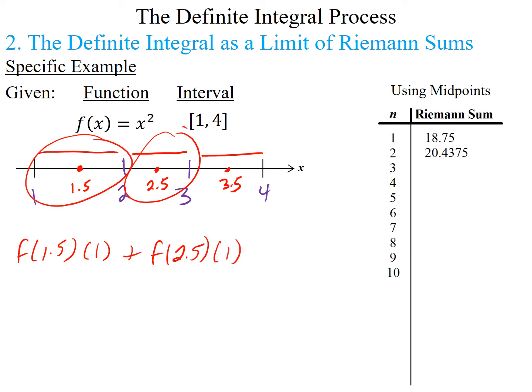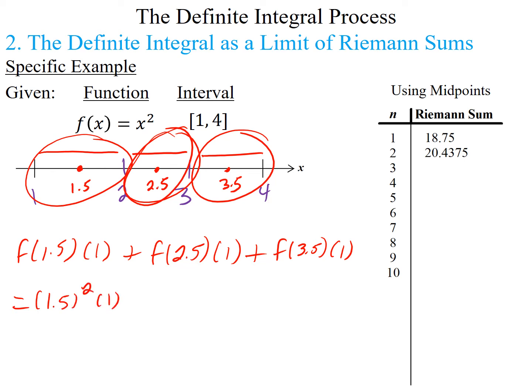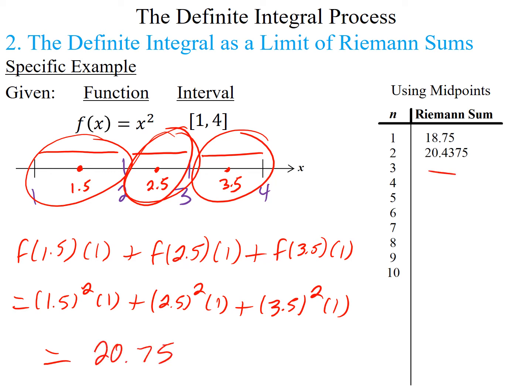So we did this one. We just did this one. And now we'll do this one. We're going to plug in 3.5 to the function and multiply by the width. All right, so 1.5 squared times 1 plus 2.5 squared times 1 plus 3.5 squared times 1. And when you're done with that, you get 20.75. And that number goes there.